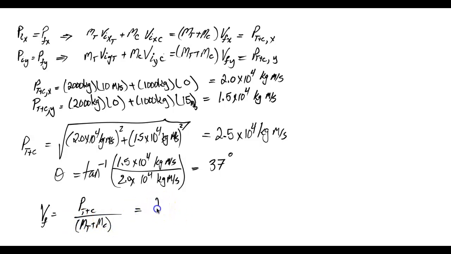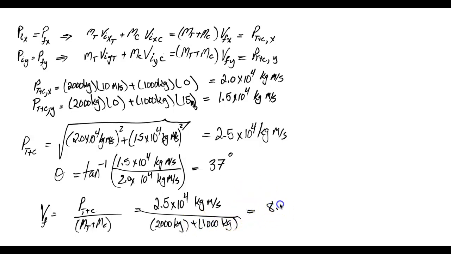And this is the same as 2.5 times 10 to the fourth kilogram meter per second all over 2,000 kilograms plus 1,000 kilograms, which is about 8.3 meters per second. It's a little different from the way we've normally done it, but it's still a valid method for solving for final velocities.